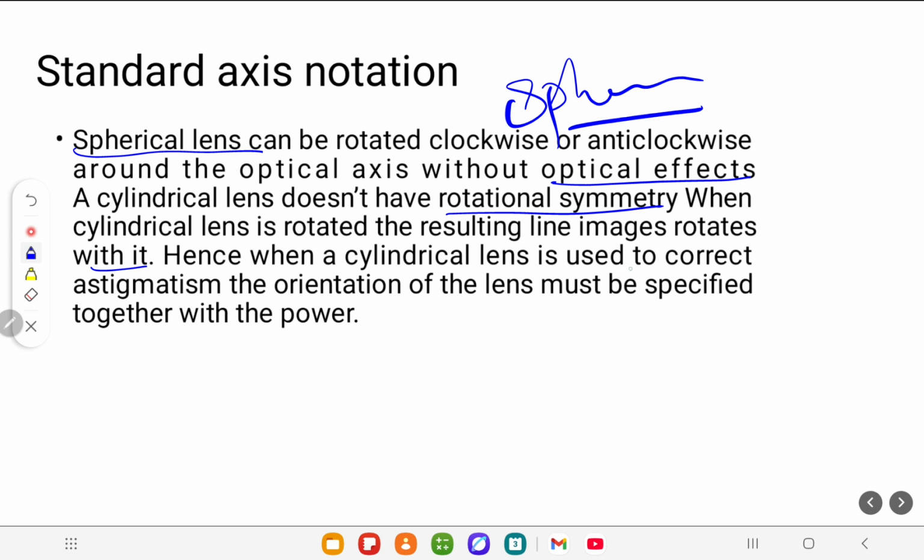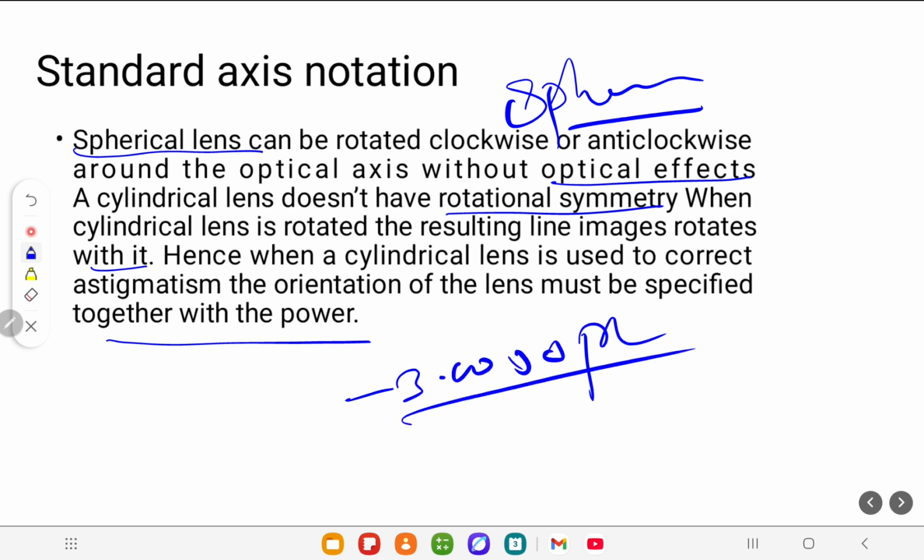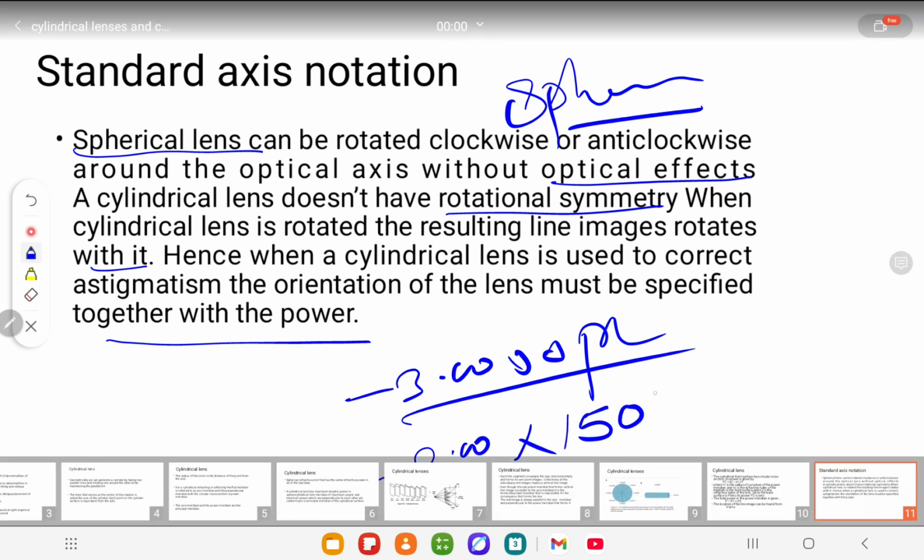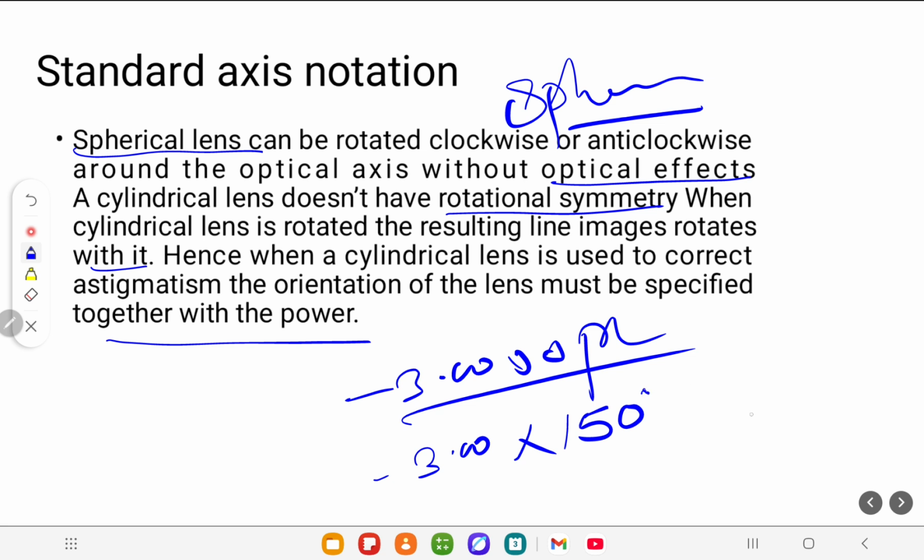Hence, the cylindrical lens is used to correct astigmatism, and the orientation of the lens must be specified together with power. If the spherical power is minus 3 DS, you write it there and you stop. But in the case of cylindrical power, you have to specify the axis as correctly as possible.